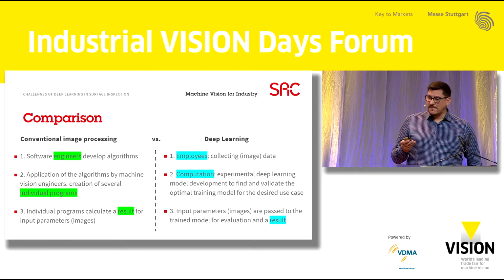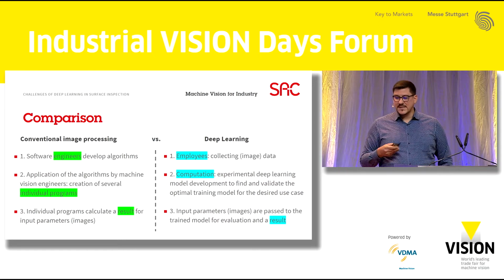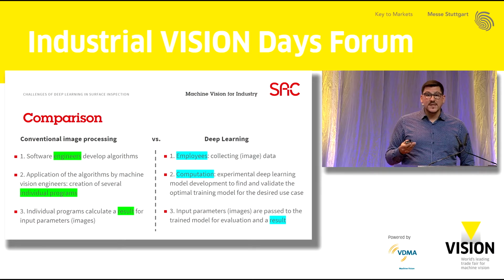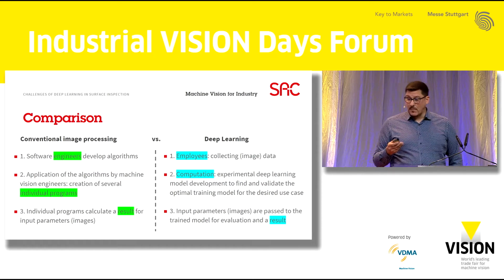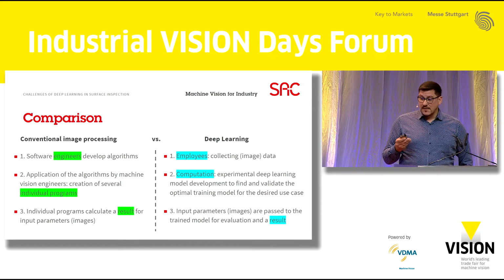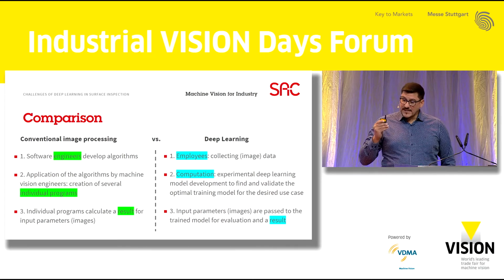The process of deep learning-based systems is different. A lot of image data must first be collected, labeled, and sometimes annotated. Then computations and experimental deep learning model development are important to find and validate the best training model for the desired use case.